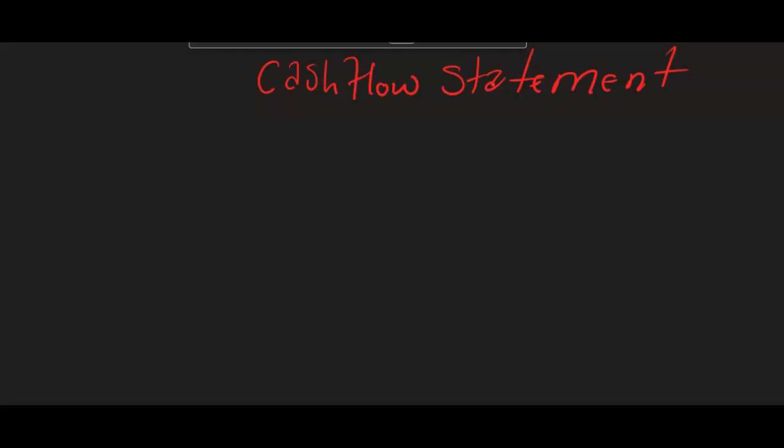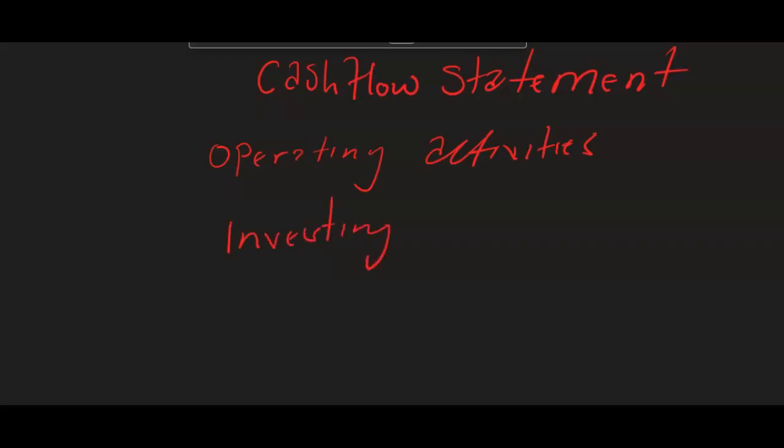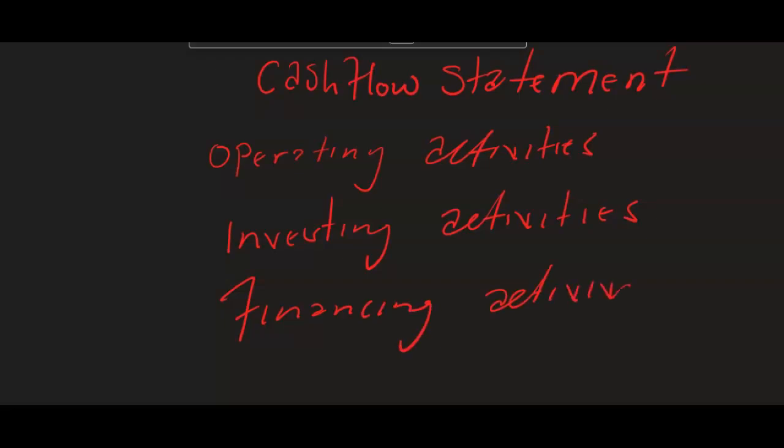There are three activities that have to be there for it to be a fully qualified cash flow: operating activities, investing activities, financing activities.